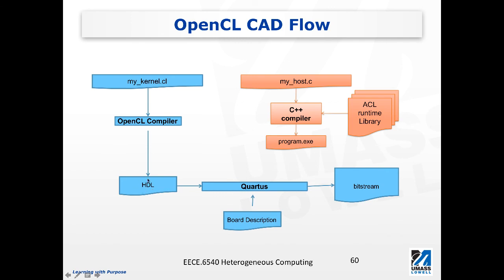This hardware description language will be fed into Quartus Prime design toolset, which will go through the typical FPGA development workflow, including synthesis, place and route, all these steps, and eventually generate a bit stream. During this Quartus compilation process, of course, you need to supply the board description so that it knows how to map the binary onto this board.